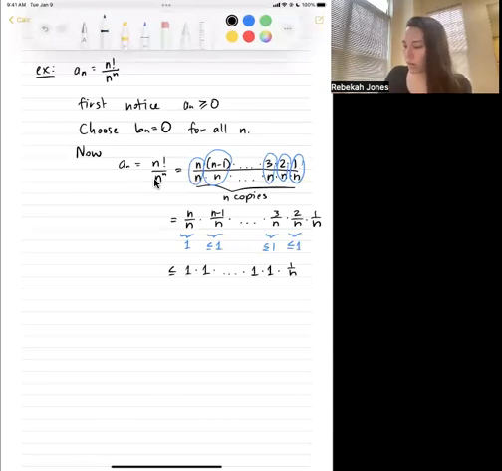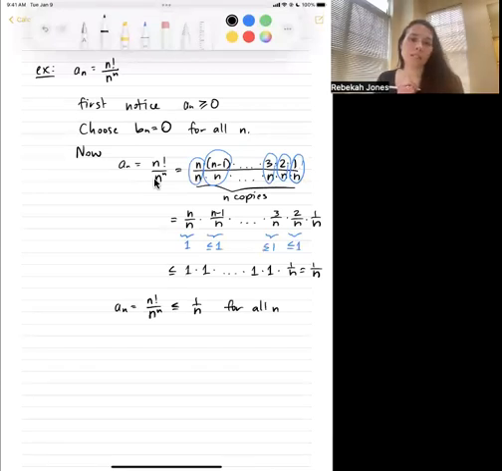But 1 times itself, however many times, is just 1, so this just equals 1 over n. So what we've shown is that a sub n, which is n factorial over n to the n, is less than or equal to 1 over n for all n. And so this is my choice for c sub n.